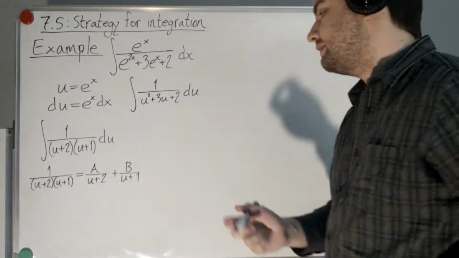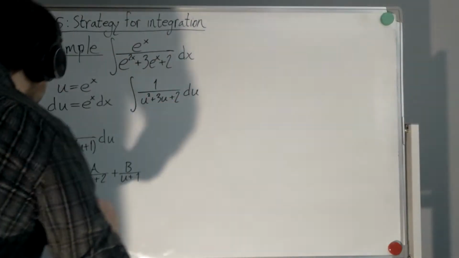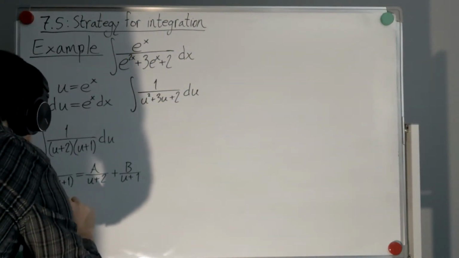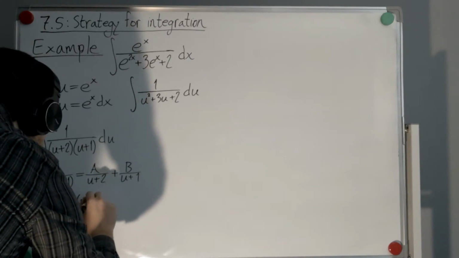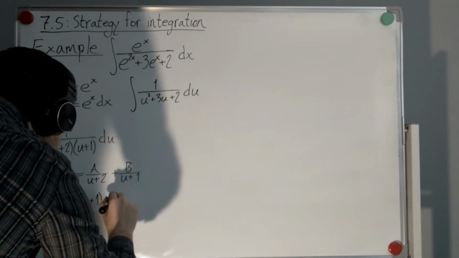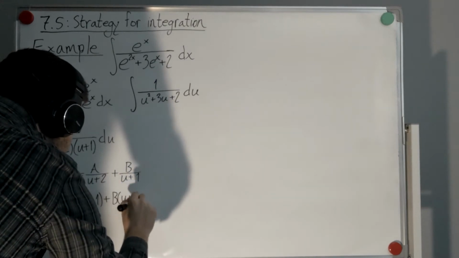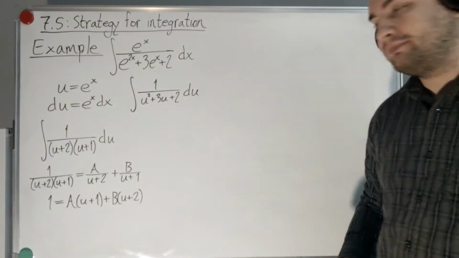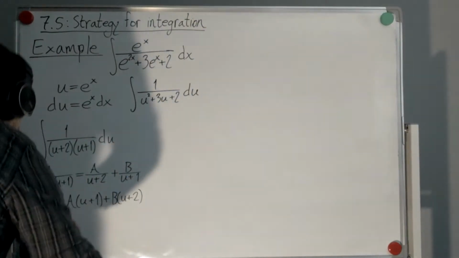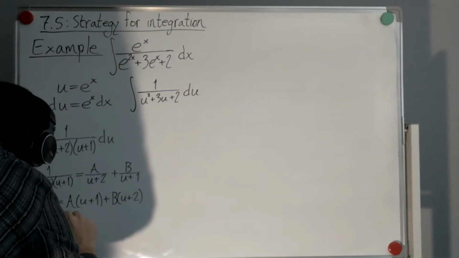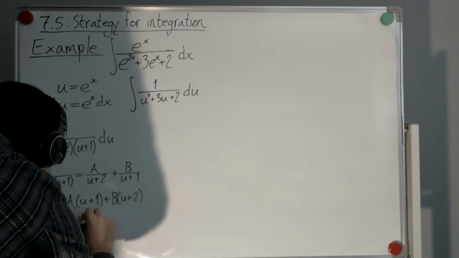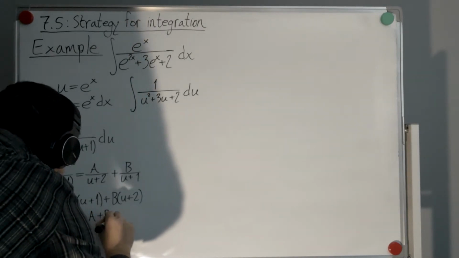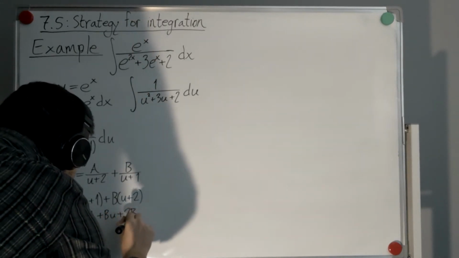You multiply both sides by the denominator, just as always, and you get 1 equals a times u plus 1 plus b times u plus 2. You distribute, and what you get is 1 equals au plus a plus bu plus 2b.